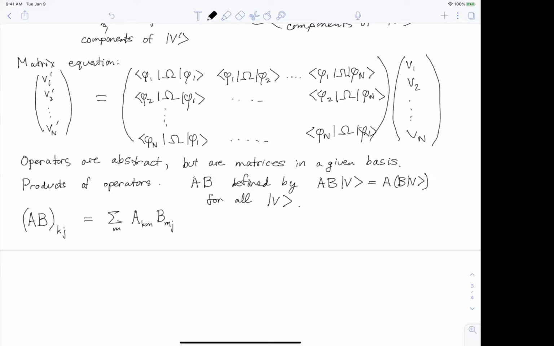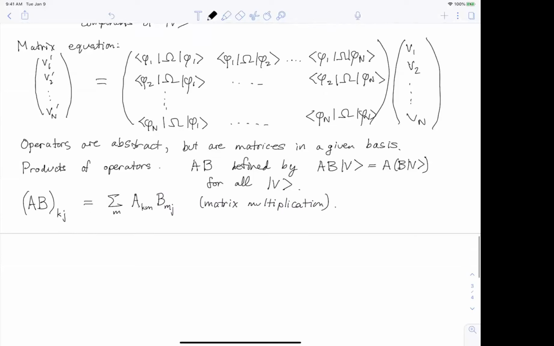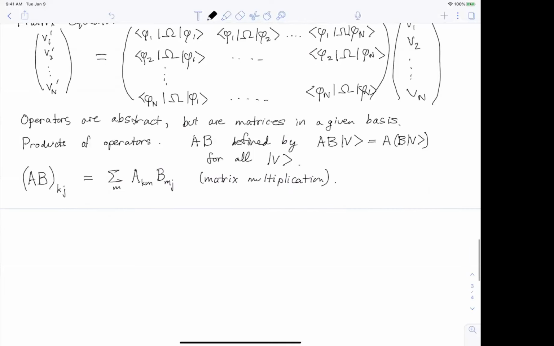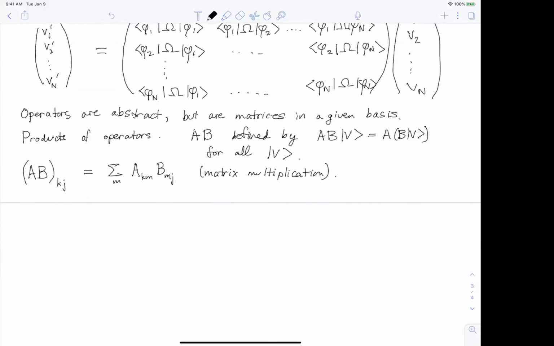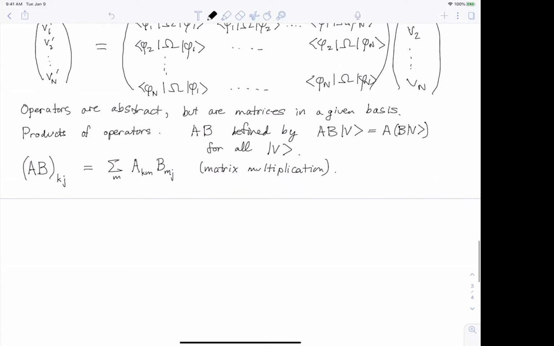So this is matrix multiplication. So operators obey the same rules as matrices within any given orthobasis.